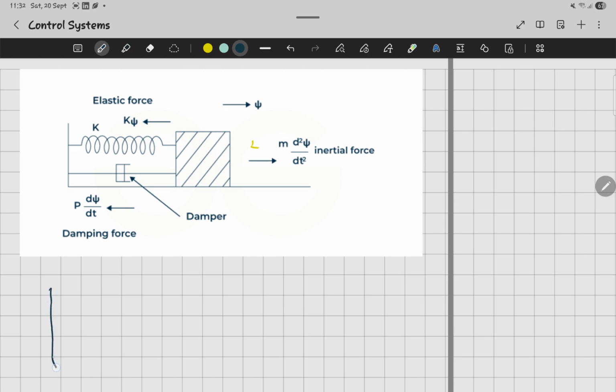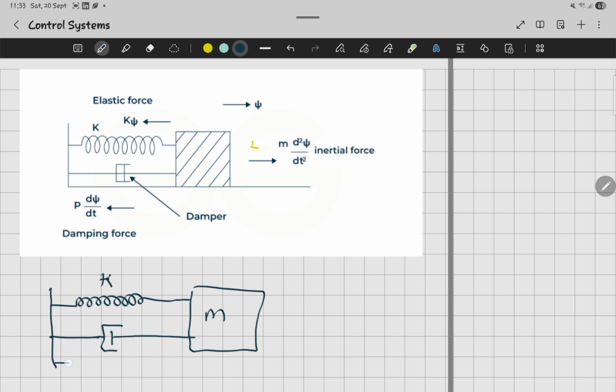It's the same as what we saw before, where we named them as k. This one is our mass, and here we got our damping force. It's the same as what we had before, and this one we call it c.